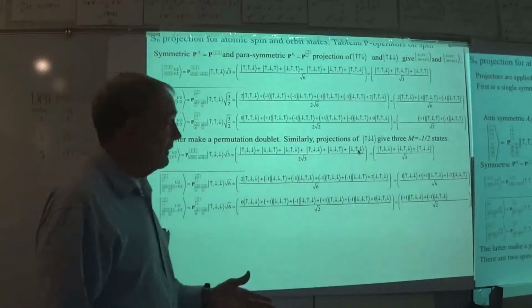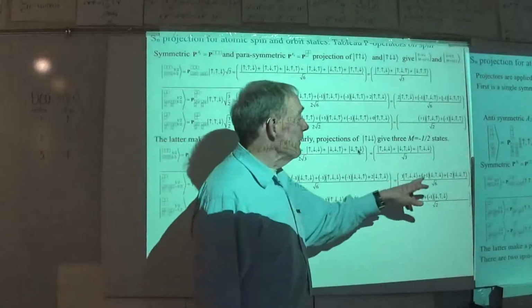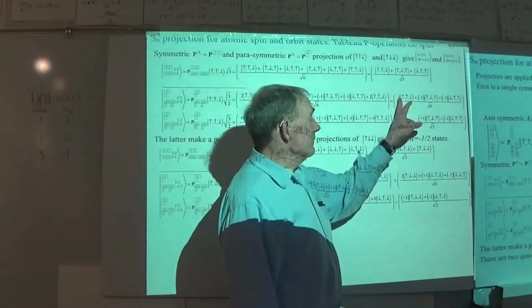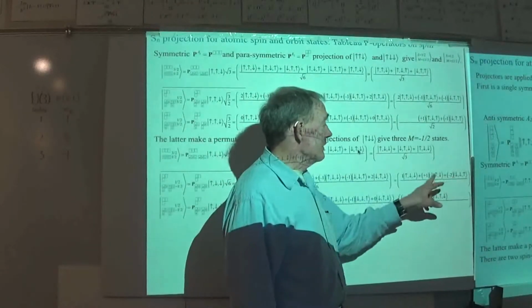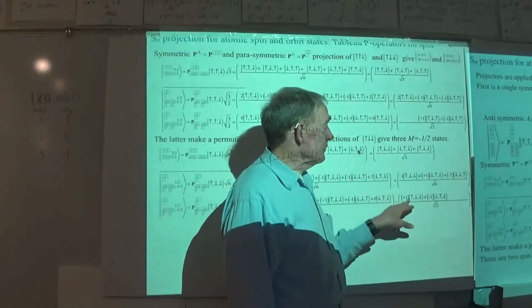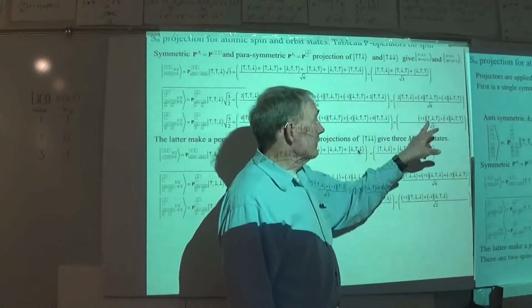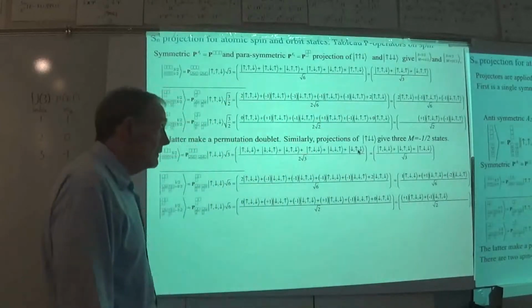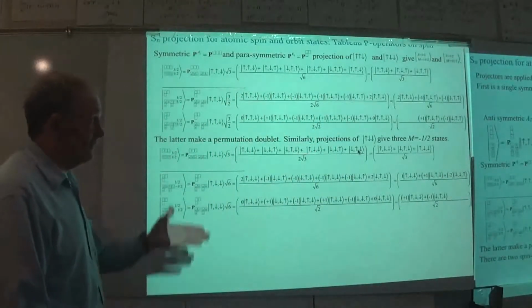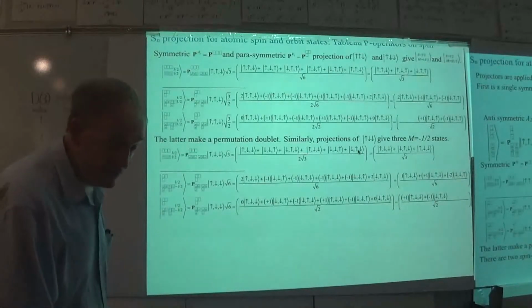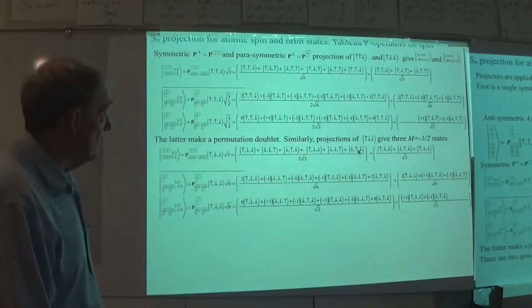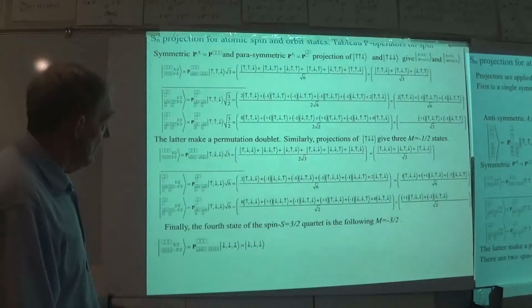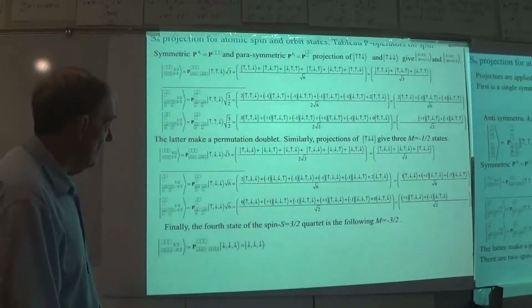We get states that are not too different, except that now the -2, which was at the beginning, shows up on the end. And these two show up in the first part instead of the latter two parts. Again, making orthogonal states. We're making a complete set here of orthogonal states for these three spins. And finally, the fourth state here.